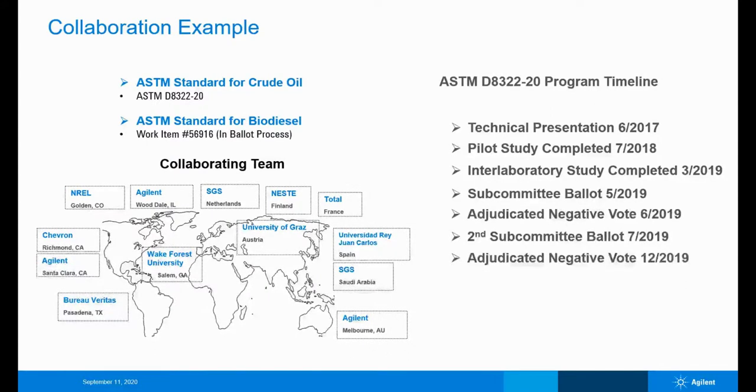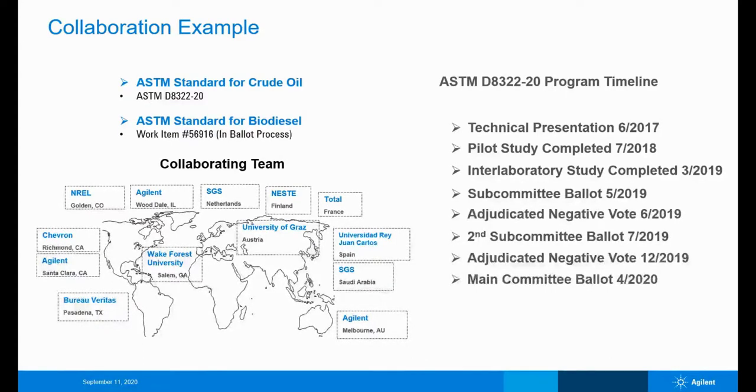That ballot also generated additional negatives, and I adjudicated that negative at the state meeting in December of 2019. That negative was found non-persuasive.